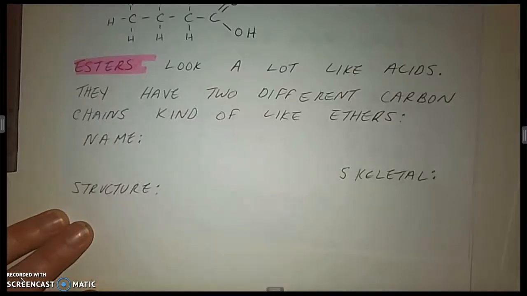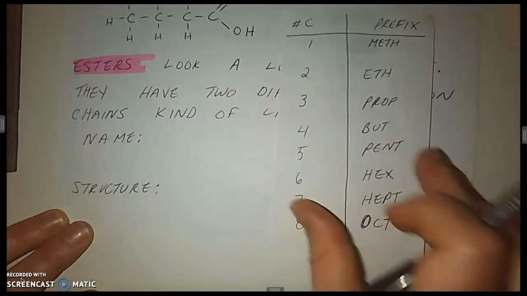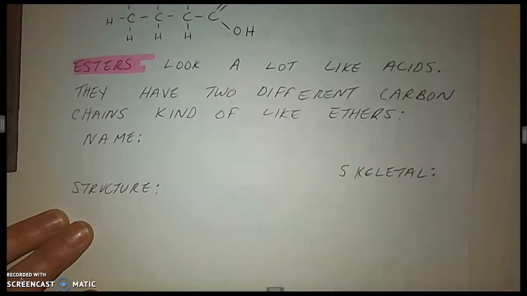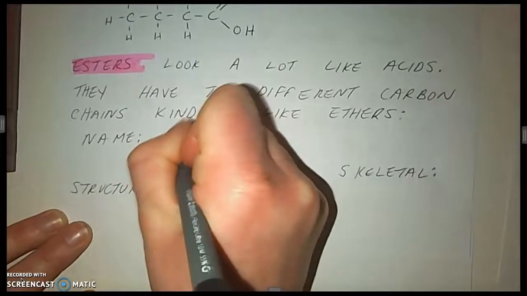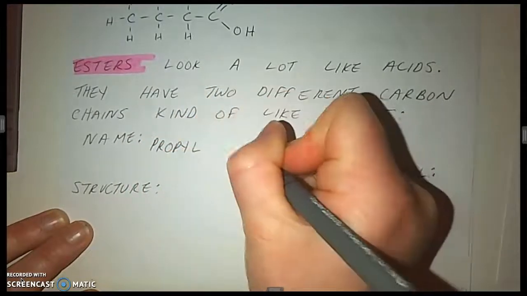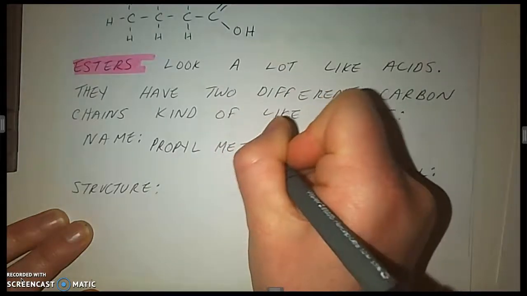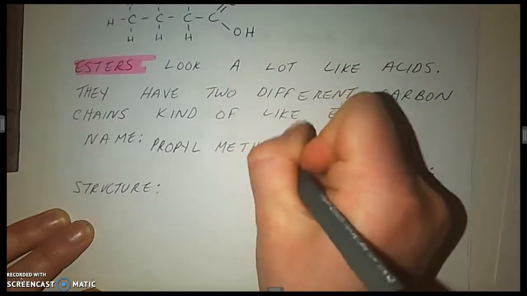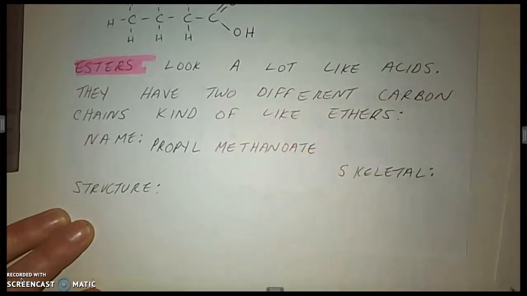So an example of a name for an ester. Again, I'm going to need two different carbon chains. So let's do propyl methanoate. I'll explain how I get the different parts of the name in a second. Propyl is going to have a 3 carbon part, and methanoate is going to have a 1 carbon part.